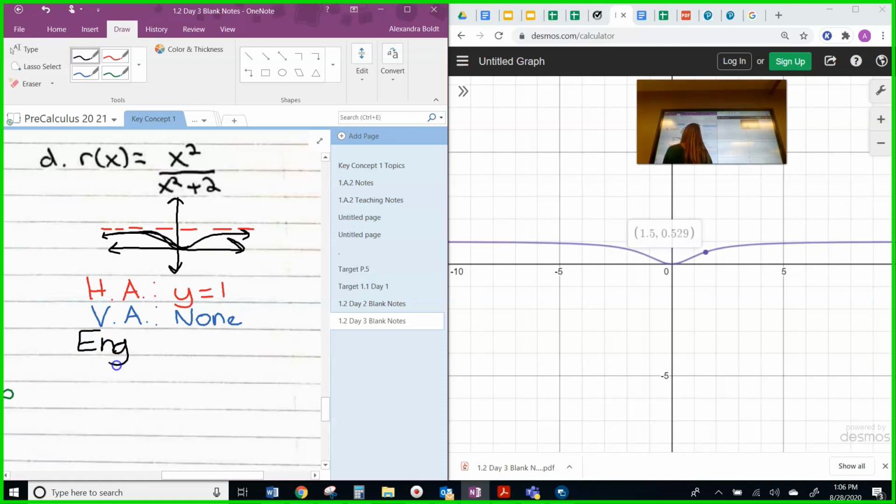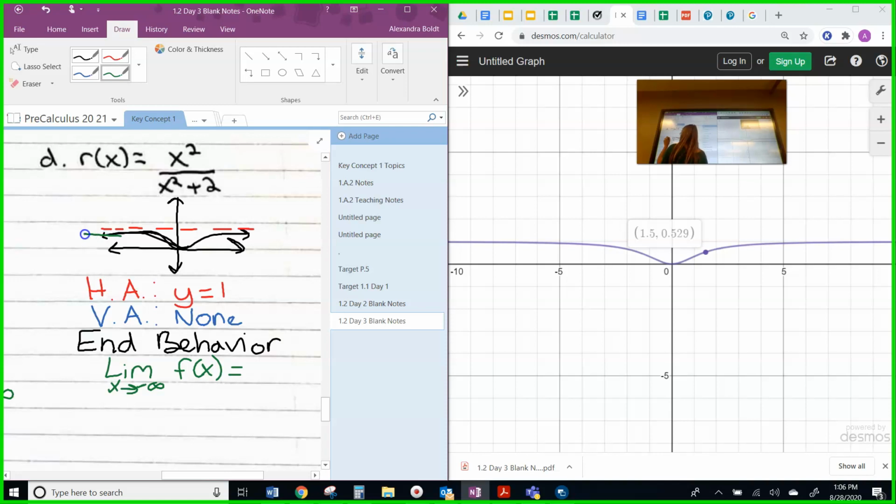Then our end behavior. The limit as x approaches negative infinity of f of x equals, well again, what am I going towards?